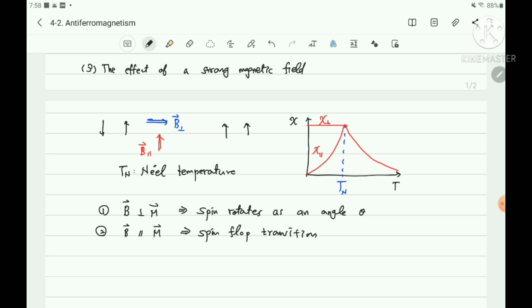Spin flip transition means that the spin configuration abruptly changes at a critical magnetic field.